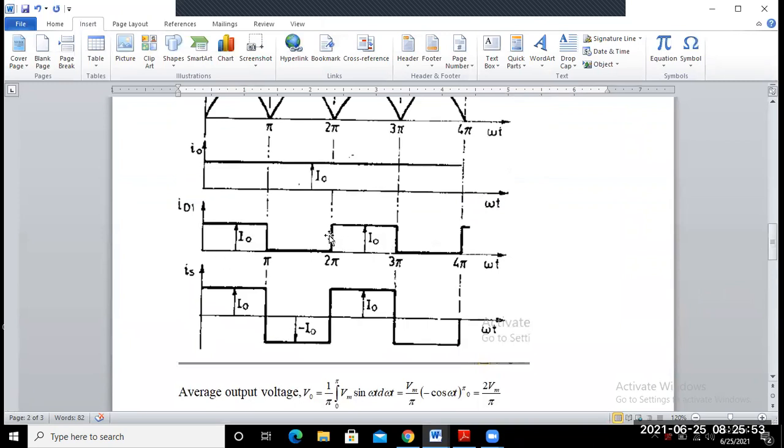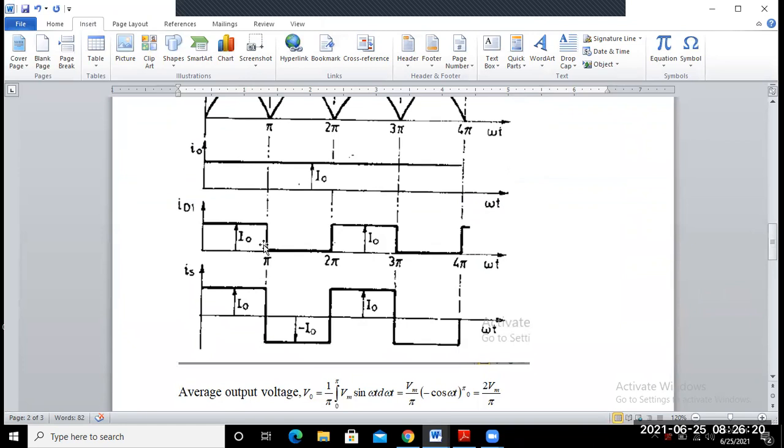From this waveform, since from 0 to 2 pi we only got the value up to pi, just find the average, that means I0 into pi divided by 2 pi. And this is repeated after an interval of 2 pi, so the time period is 2 pi.